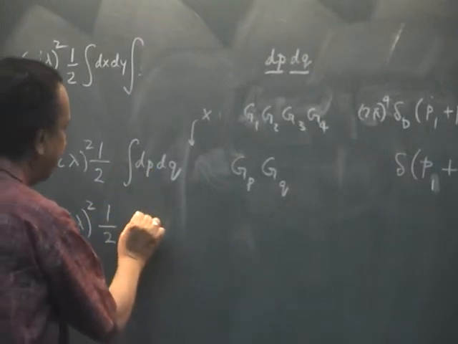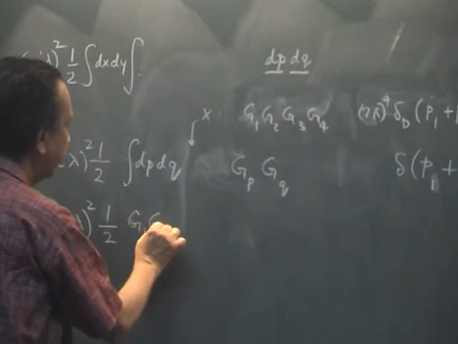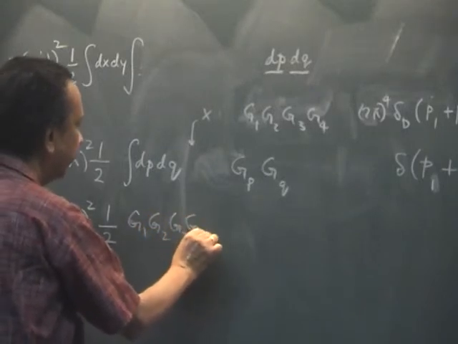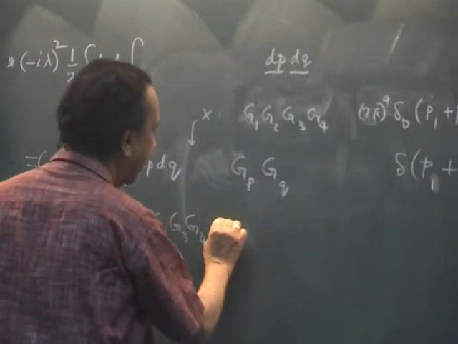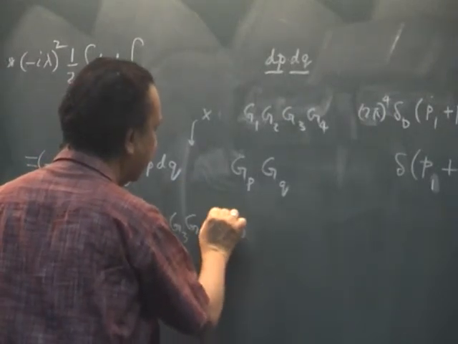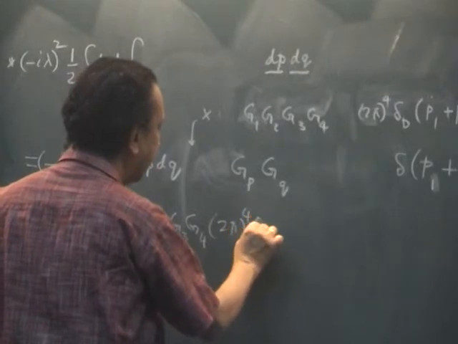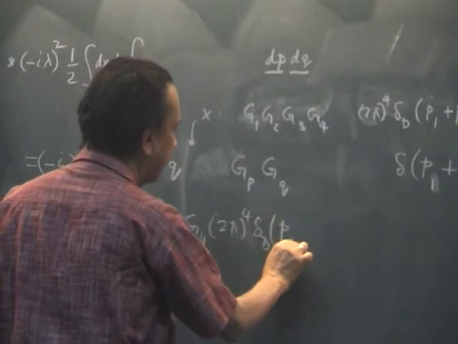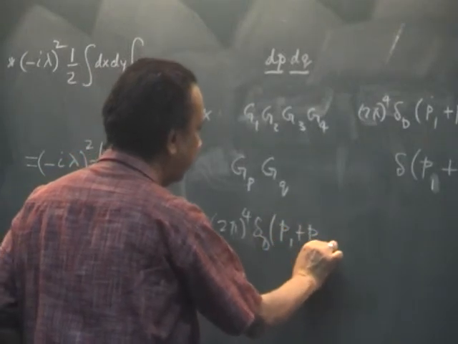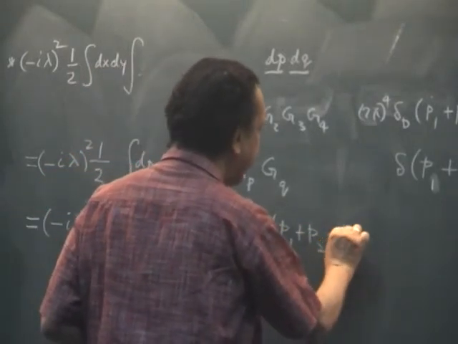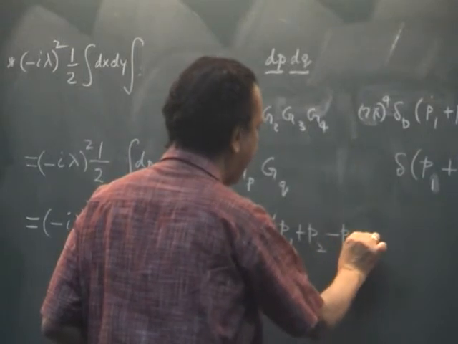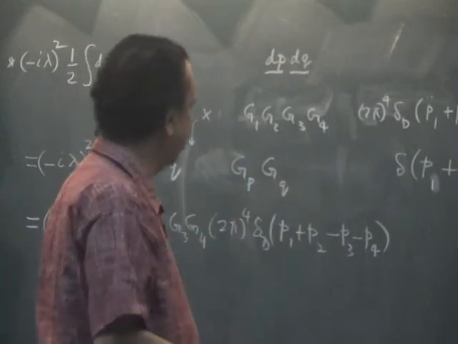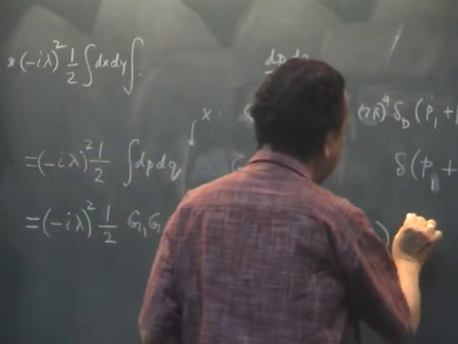Then I have a G1, G2, G3, G4, and overall delta function 2 pi to the power 4 delta function of, I'll just call it, P1 plus P2 minus P3 minus P4.